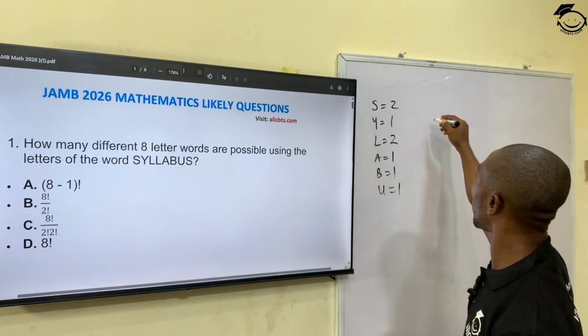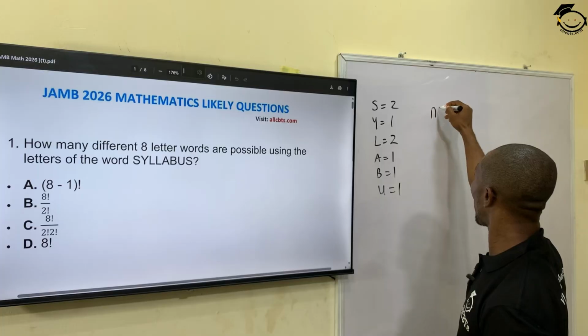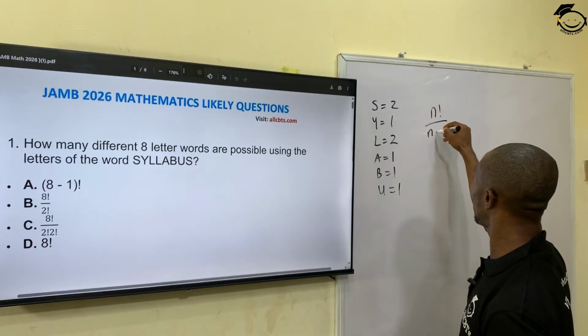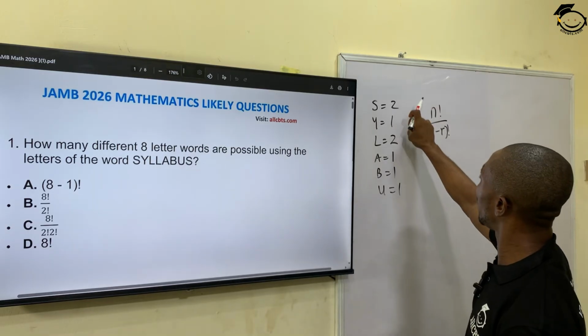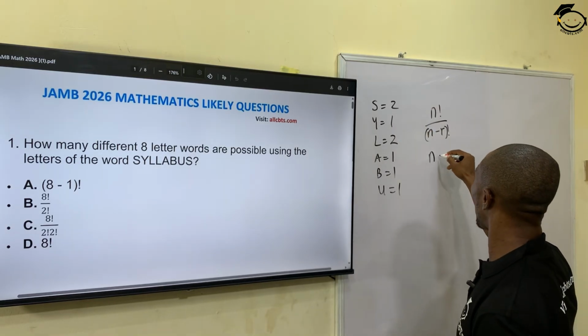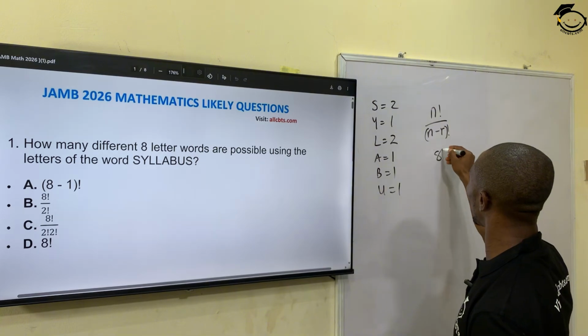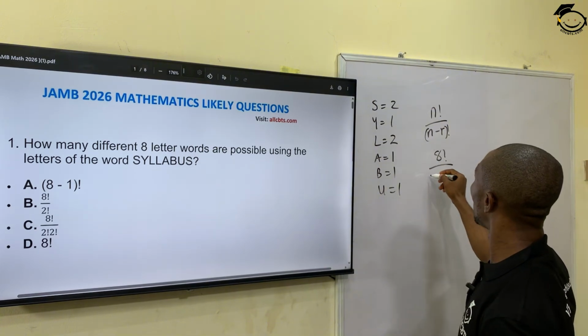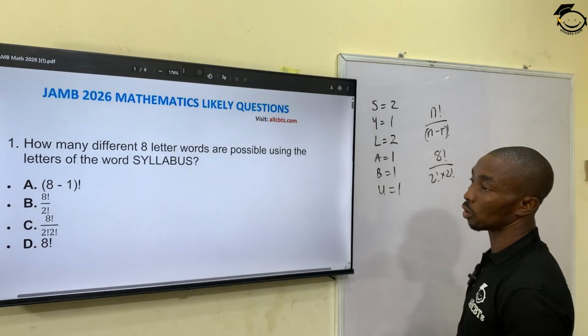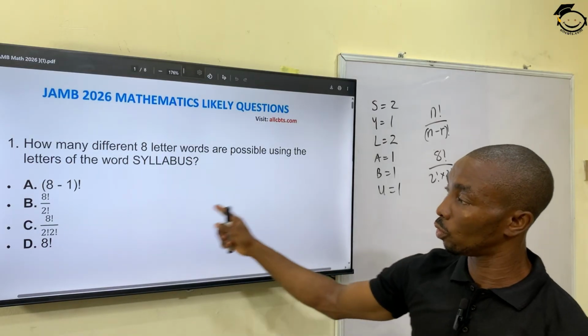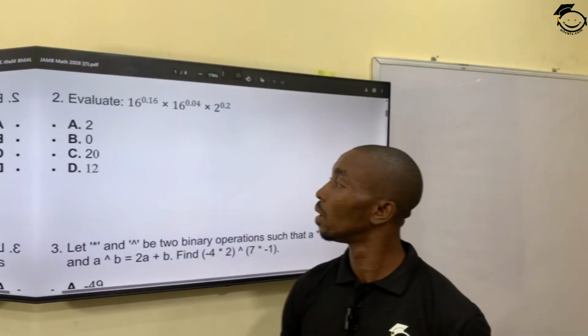So doing permutation, we have n factorial over n minus r factorial. Now, in this case, since we have double letters, this will become n factorial, which is 8 factorial, all over 2 factorial times 2 factorial. So our possible option will be option C.